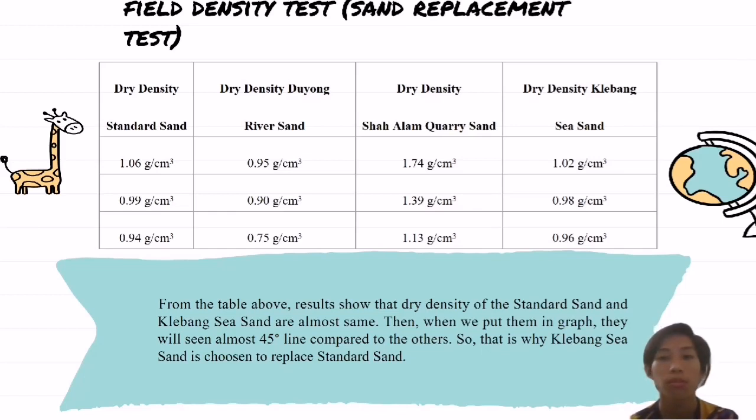Then when we put them in a graph, we see an almost 45-degree line compared to the others, which are standard sand and river sand, and standard sand and quarry sand. So that is why sea sand is chosen to replace standard sand in the work.